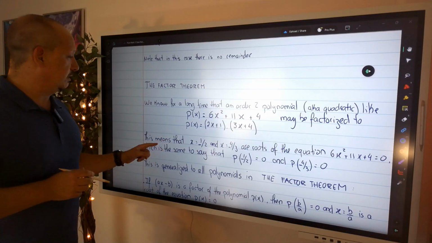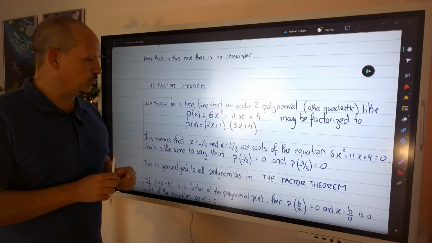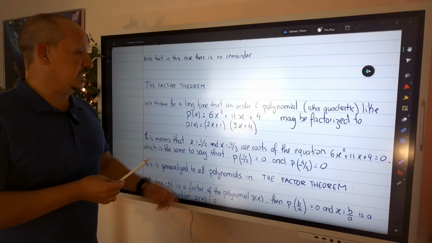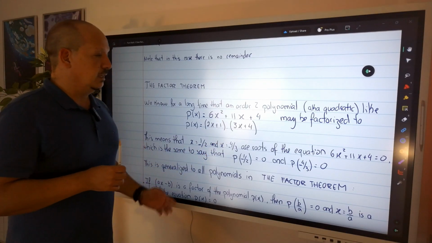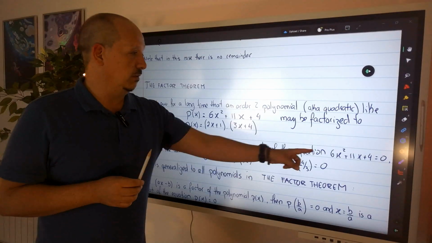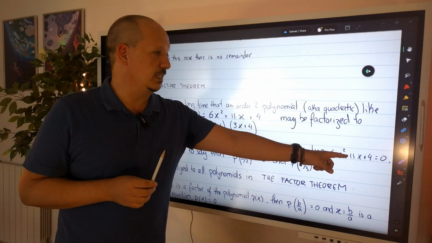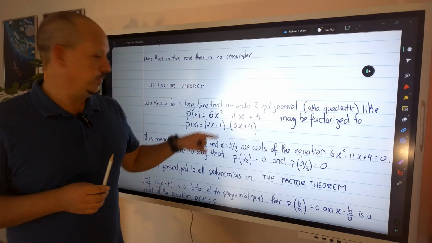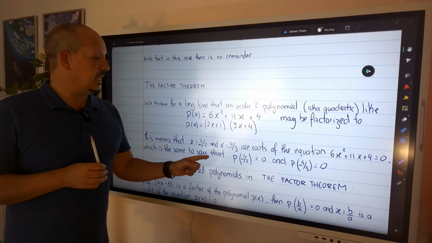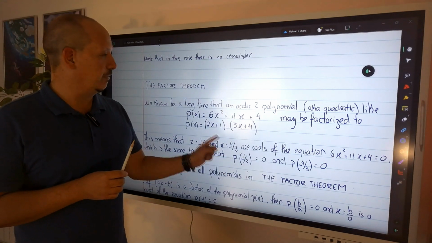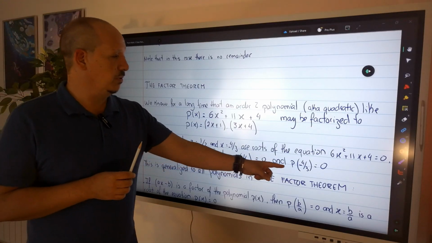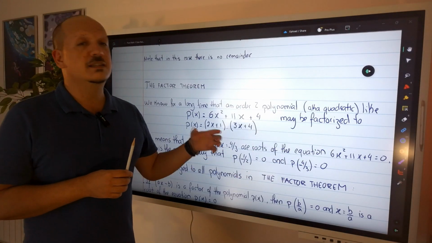That's what I have over here. This means that if x equals minus 1/2 or x equals minus 4/3, these are the roots of the equation 6x squared plus 11x plus 4 equals 0, which is the same as to say that substituting minus 1/2 on the polynomial is going to be 0, and minus 4/3 is also going to be 0.